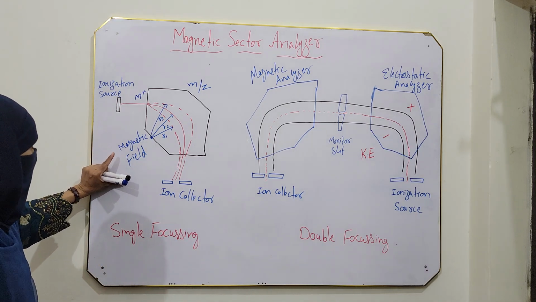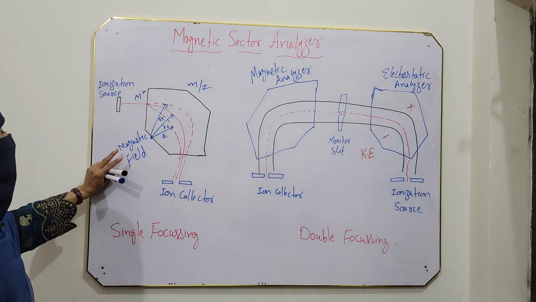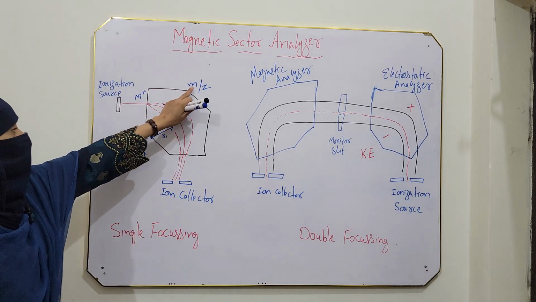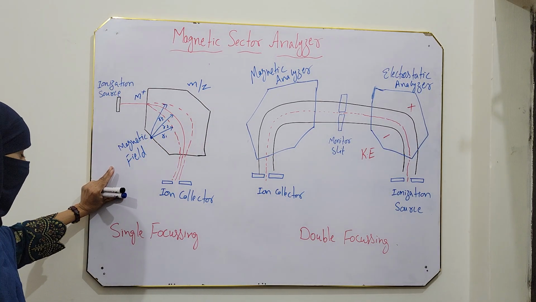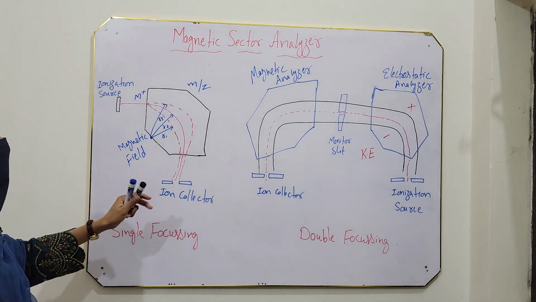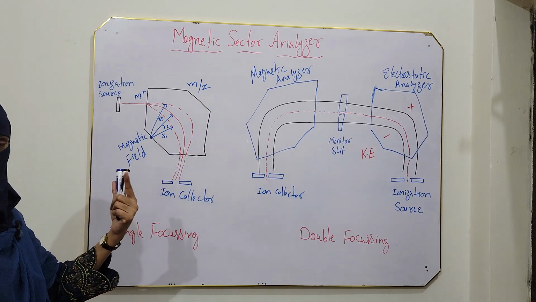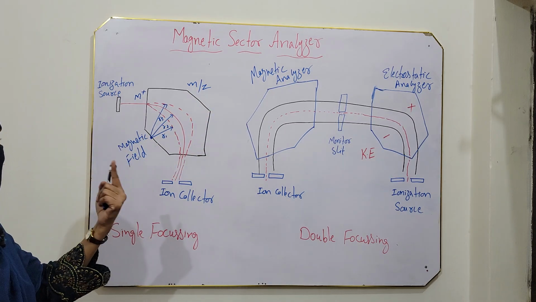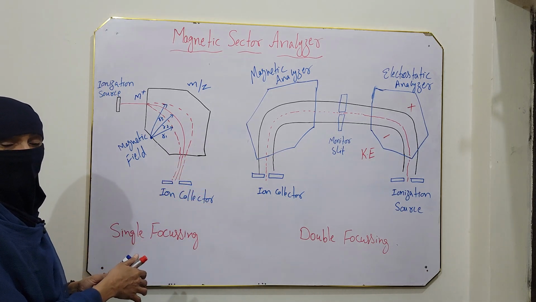So the single focusing magnetic sector analyzer separates ions on the basis of their mass to charge ratio. It can separate ions which have a mass to charge ratio difference of at least unity. I mean, if there is a difference of at least 1 in the mass to charge ratio of compounds, those compounds can be separated.